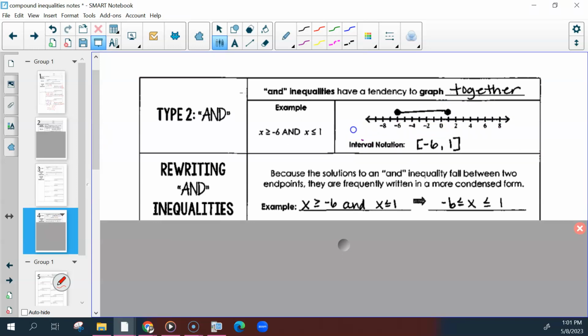Go ahead and write this. So the biggest thing with these is making sure you know the differences and that they're opposites. So or inequalities graph apart and and inequalities graph together.